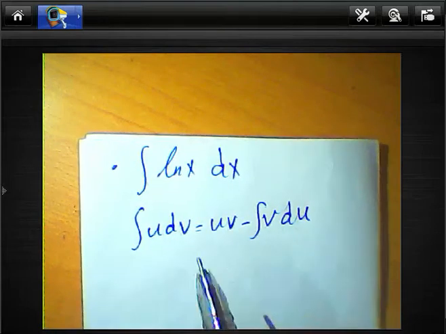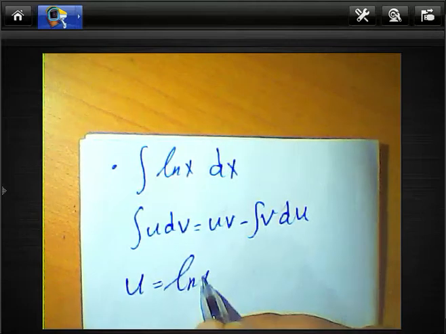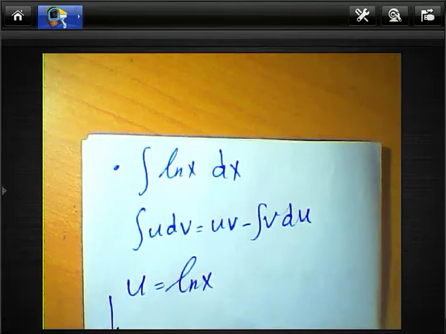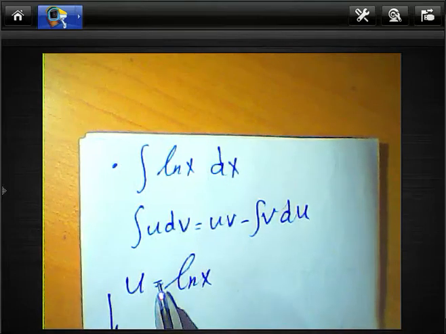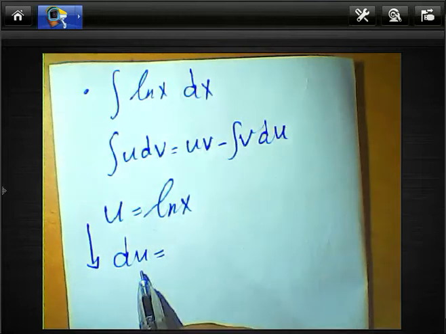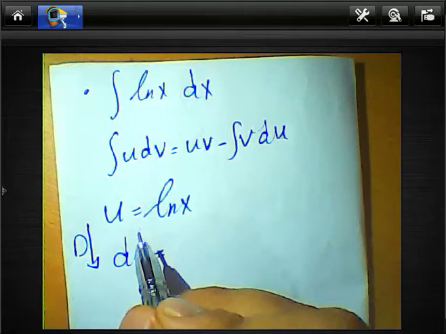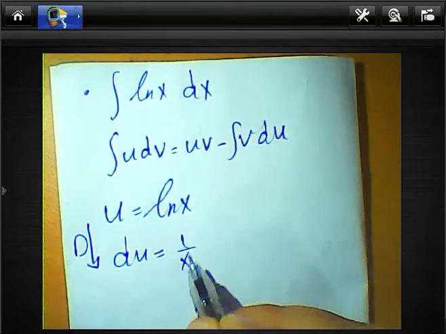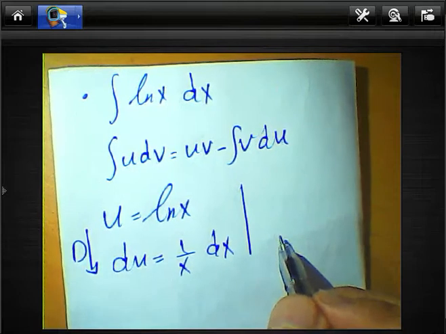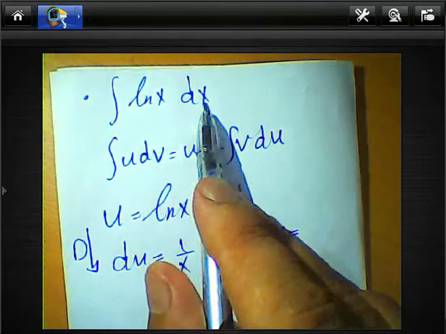So we must let u equal ln of x, and the derivative of u will be du over dx. We can find the derivative of this function, 1 over x dx, and we can write dv equal what? Equal 1 dx.